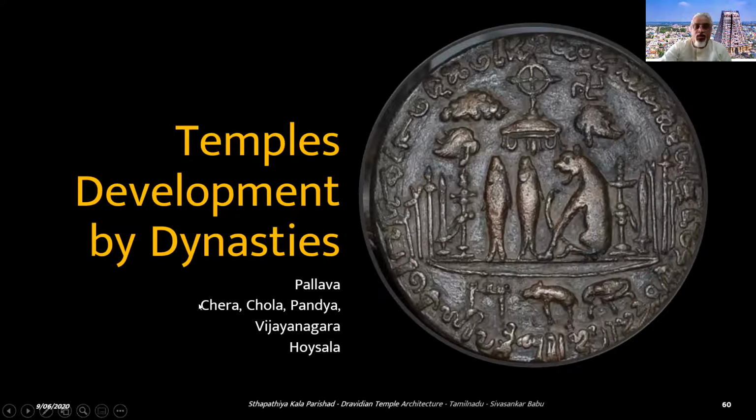Later on, after the fall of the Cholas and Pallavas, Vijayanagara took over, and they also did a lot of innovations. And during a later period, Hoysalas also pitched in, in the Trichy area and in the Salem area, with their own influence. So let us see what is the influence of the dynasties in temple building.